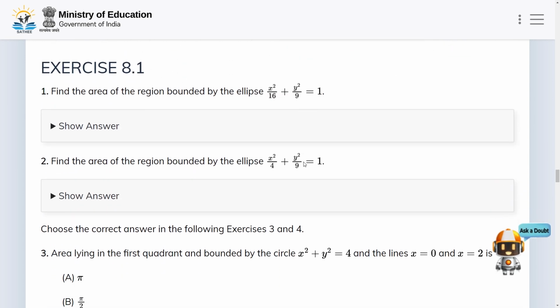Now exercise 8.1. We have reached exercise 8.1. Just quickly see. Find the area of the region bounded by the ellipse. We have already seen the expression. You can directly put your a and b values. A is 4 and b is 9, so 36 pi.